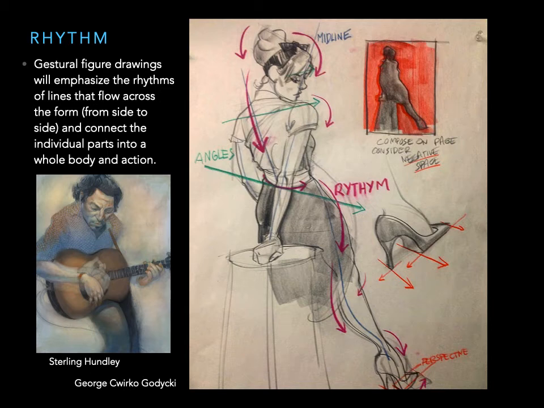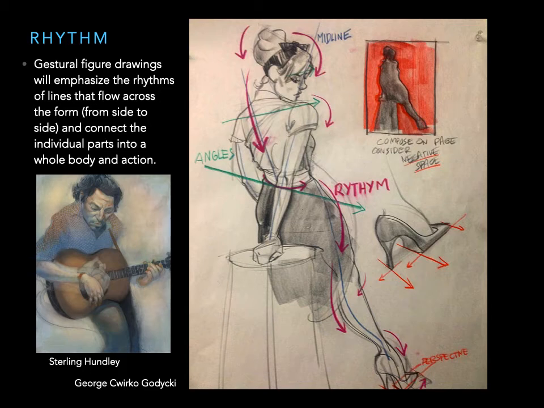We're absolutely going to start to apply this to the figure, both in animal form as well as when we start to deal with things that are more humanoid. There are all kinds of things we can play with gesturally with that. Look at the arrows on the figure on the right and how they swoop around the volumes of the body, especially from the hip across the front of the leg to the back of the leg.